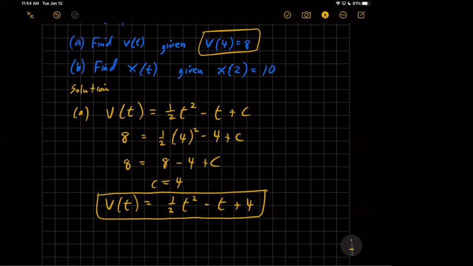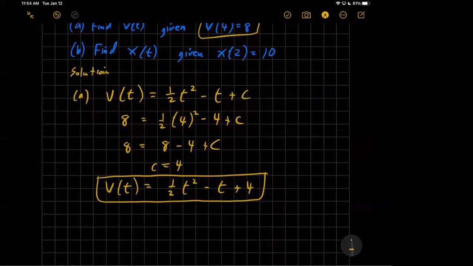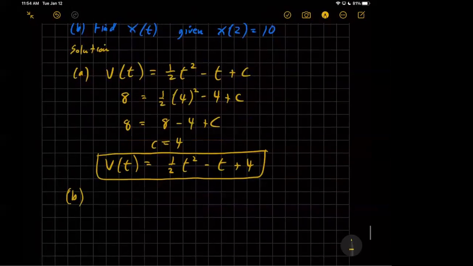Okay. Now we need to move along and answer B. So we'll need the antiderivative of this expression. So x of t, we're going up to t cubed, and we better have a 1/6. So when we multiply by the 3 and take the derivative, that'll give us 1/2 again, and we'll return to 1/2 t squared. And then this should be 1/2 t squared, because the derivative of 1/2 t squared is t.